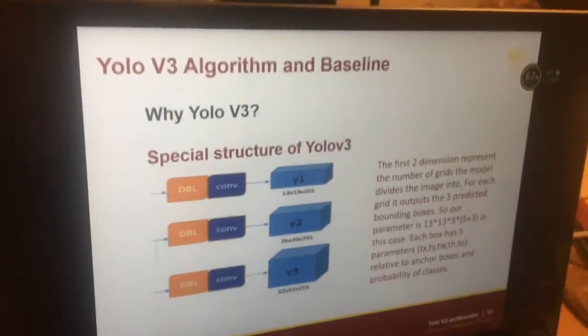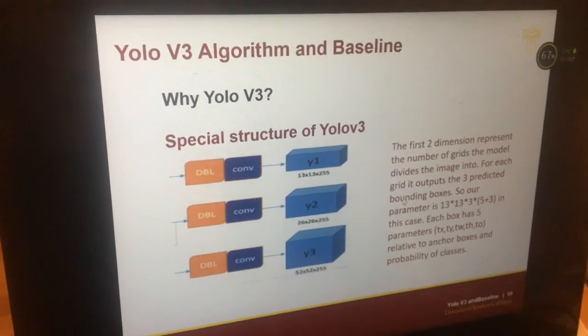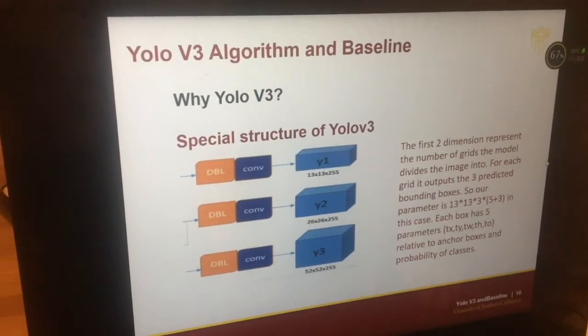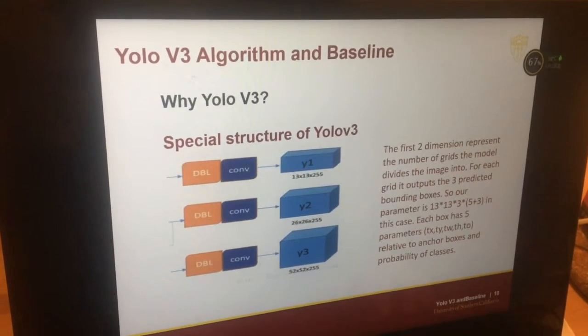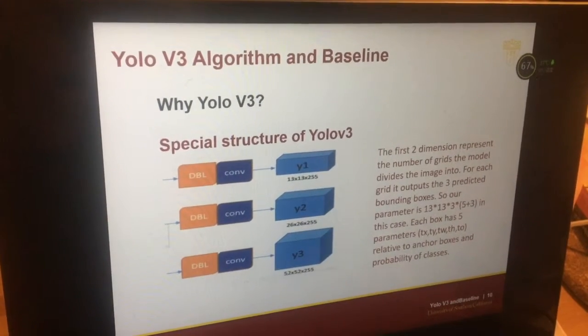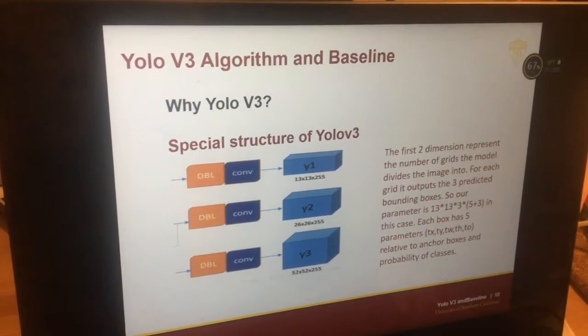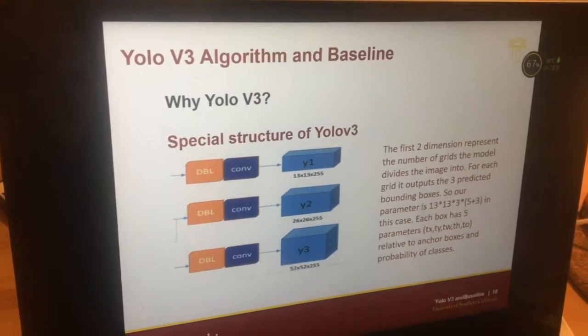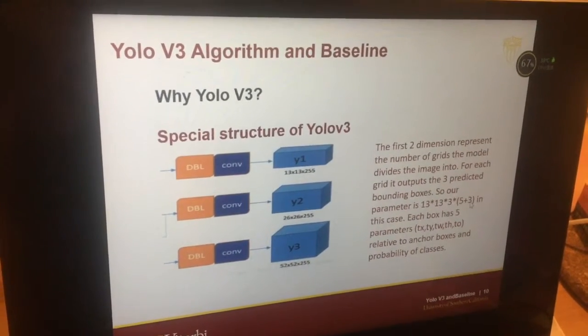After that, I will show you the calculation of the parameters of YOLO V3. The 3 here represents the 3 predicted bounding boxes, and the 5 represents that each box has 5 parameters, and here is the final amount of parameters.